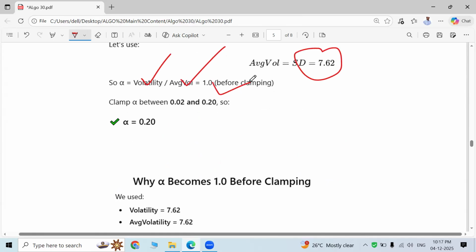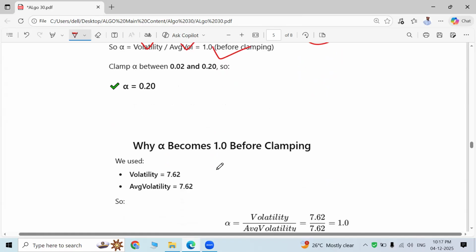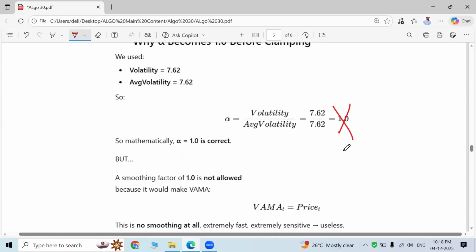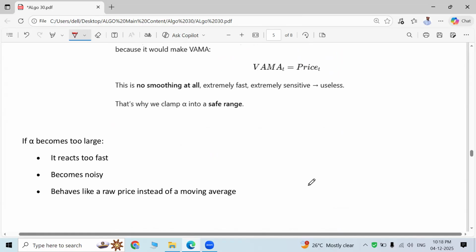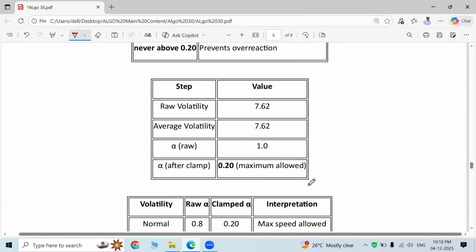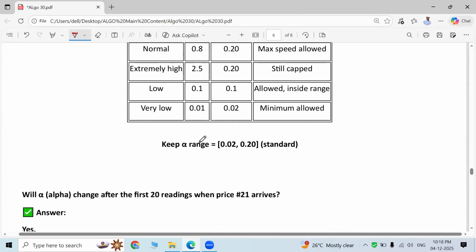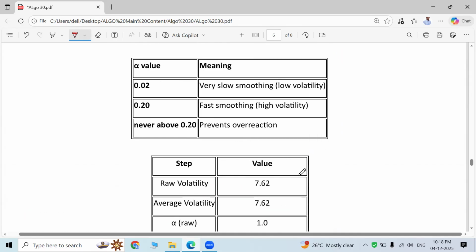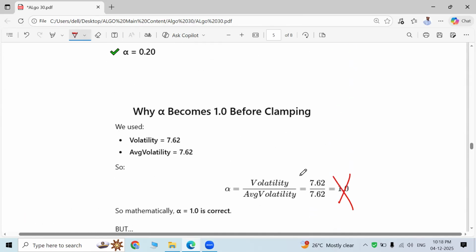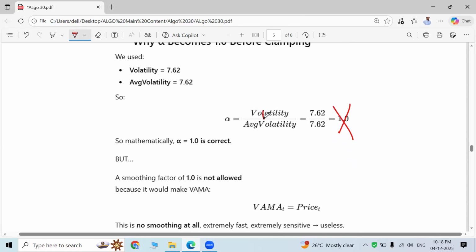But there is again a rule for this. We cannot take alpha as 1. The max value of alpha is between 0.02 and 0.20. It's a standard value decided previously. What we are getting for alpha from the calculation is 1.